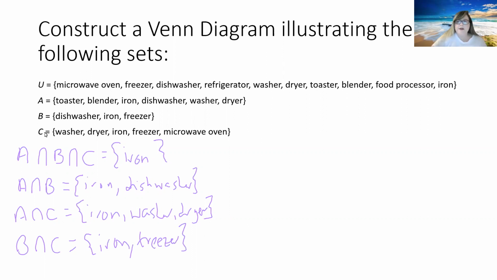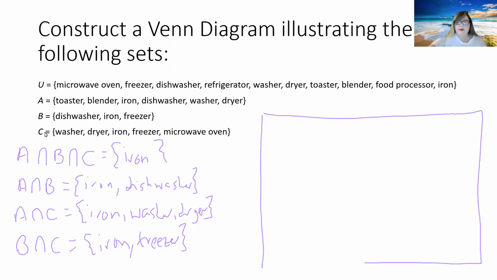So notice that when I look at my grouping here, iron was in all three of them. Dishwasher is common to A and B. A and C have iron, washer, and dryer in common.